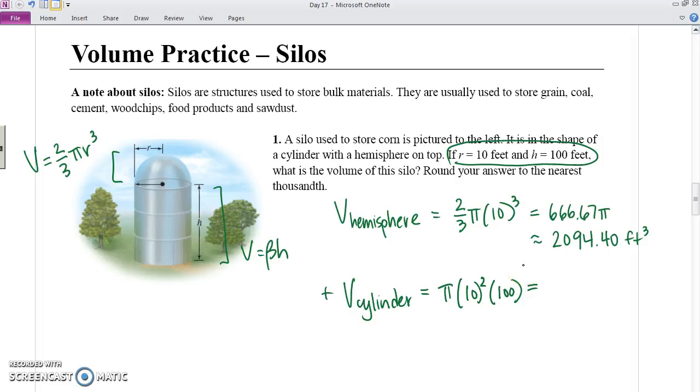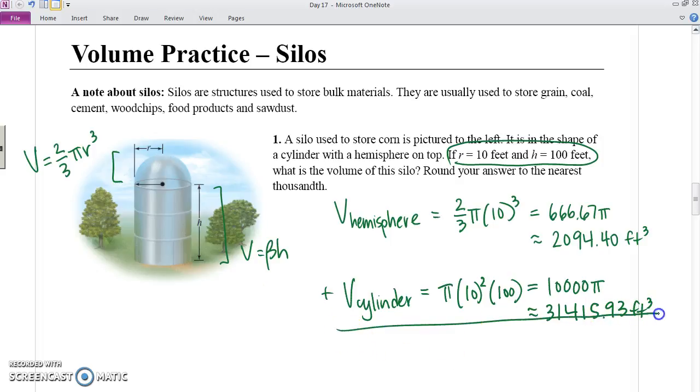And that gives us 10,000 pi, which is about 31,415.93 feet cubed.